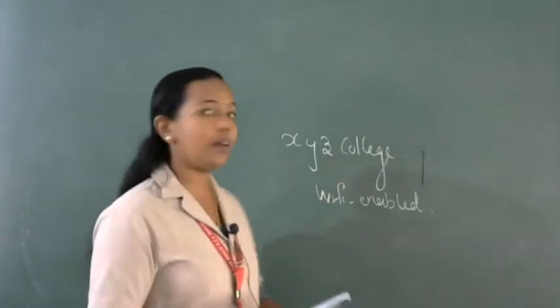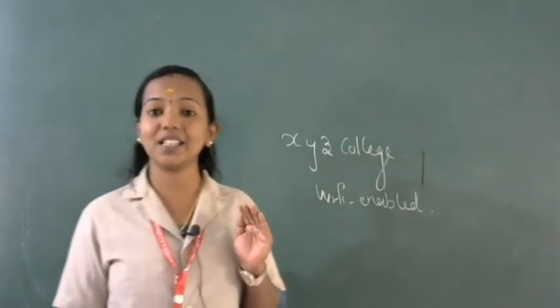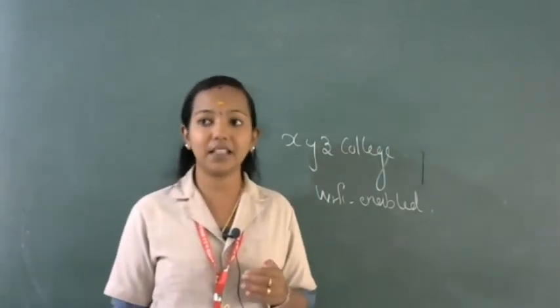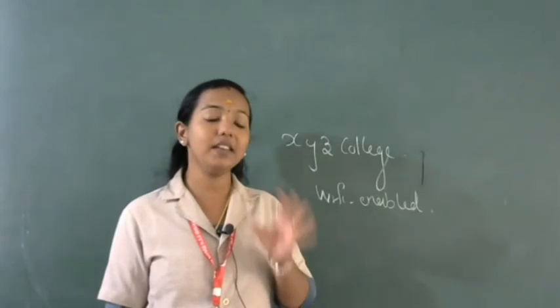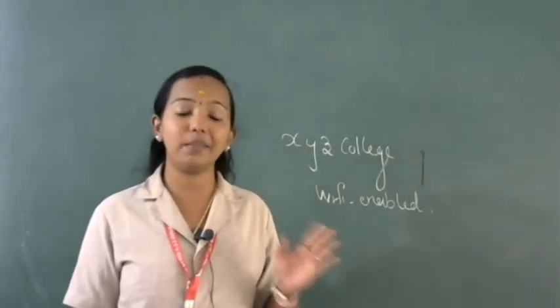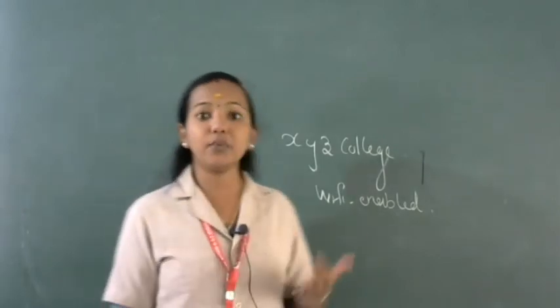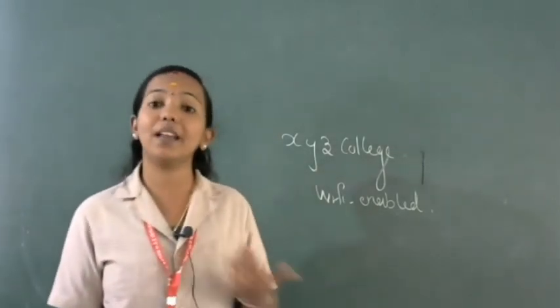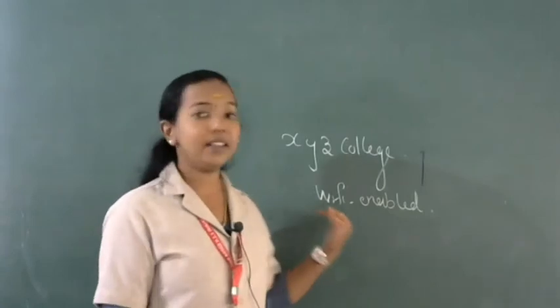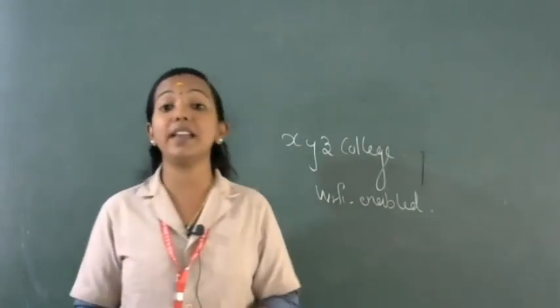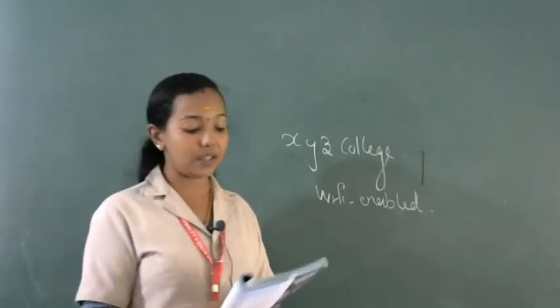Okay, we studied about the internet access sharing method. That means a main internet connection is shared by different computers or different users. So we can make use of a Wi-Fi network and also a Li-Fi network. Here they are a Wi-Fi enabled campus. So how is Wi-Fi working?